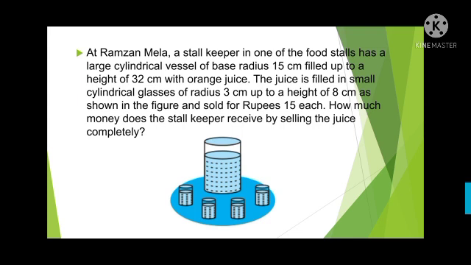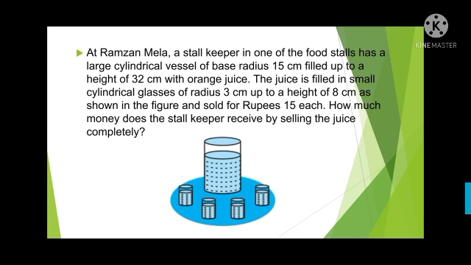From that we will get how many small glasses will be filled with that orange juice, or the maximum number of glasses that we can fill with the orange juice from the big vessel.